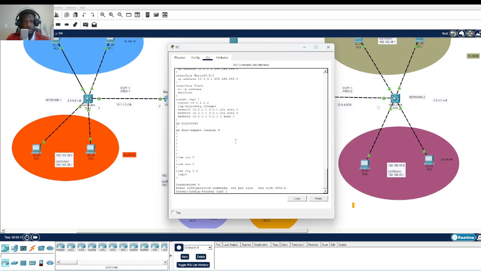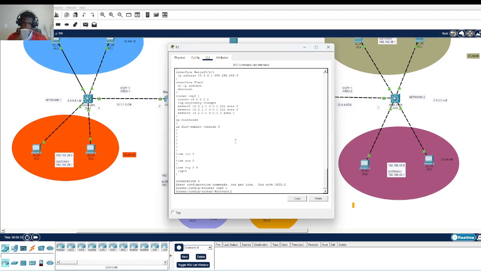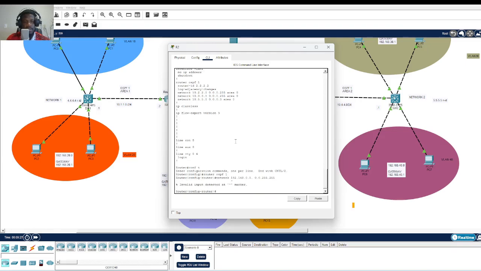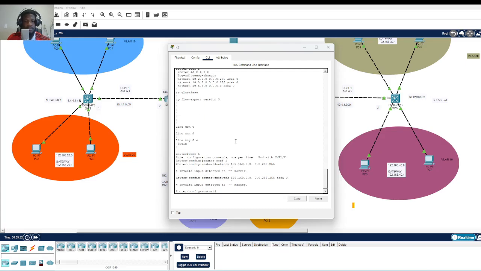Router OSPF 1, put a network statement for the networks. So 192.168.0.0, and also the wildcard mask. Oh, very important, don't forget your area 0. Okay, what's going on? 192.168.0.0.